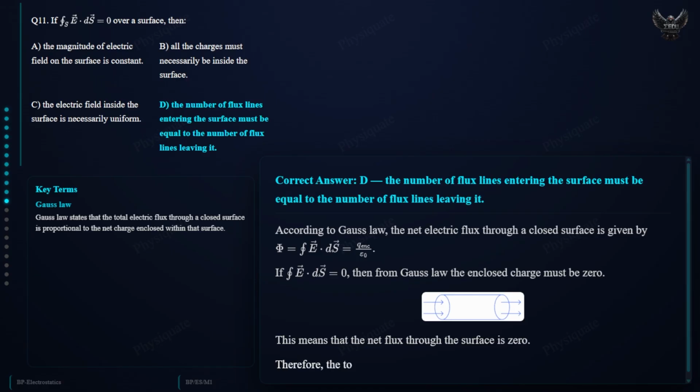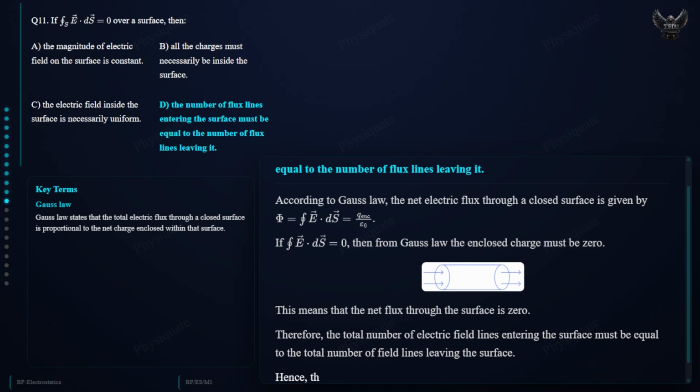Therefore, the total number of electric field lines entering the surface must be equal to the total number of field lines leaving the surface. Hence, the correct statement is that the number of flux lines entering the surface is equal to the number of flux lines leaving it.